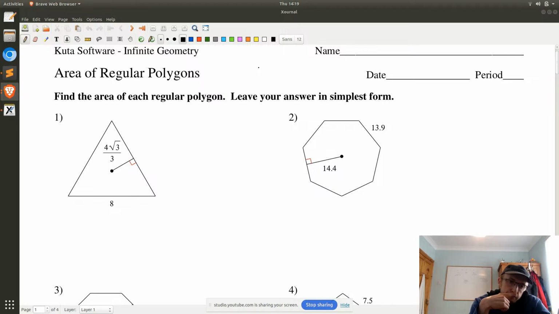So, well, the height will be 8 root 3 over 3. And so you can do base times height. So you get 64 root 3 over 3. And then divide that by 2. So you get 64 root 3 over 6. Or 32 root 3 over 3.